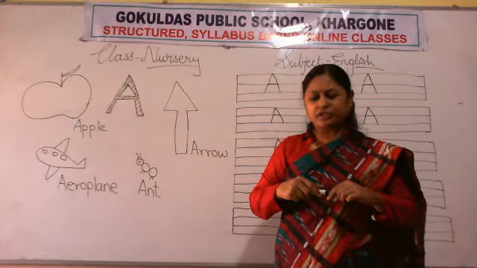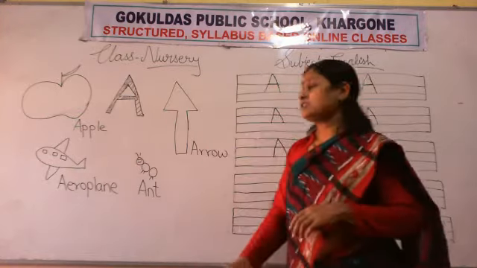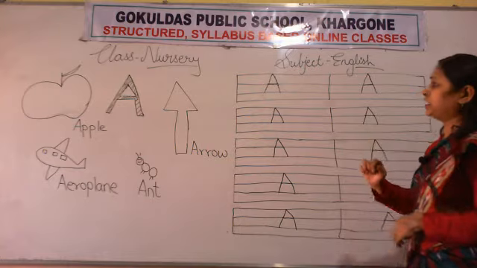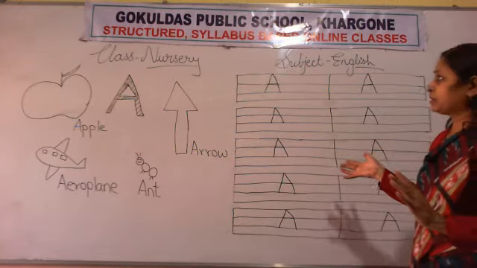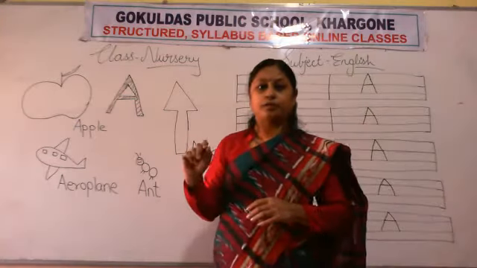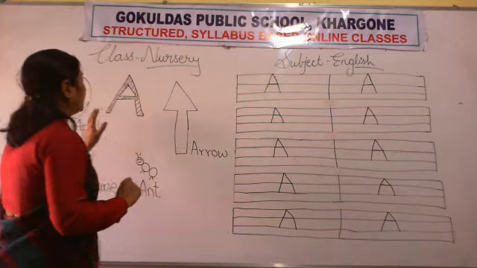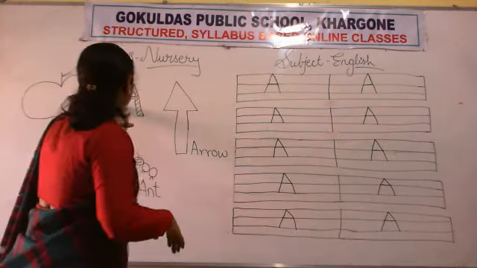Okay, so today we have made letter A. So write neatly. Okay, write neatly in your notebook and make wonderful pictures and color them properly. Okay. So which letter is this? Letter A. Now you will repeat after me. Repeat it with me.